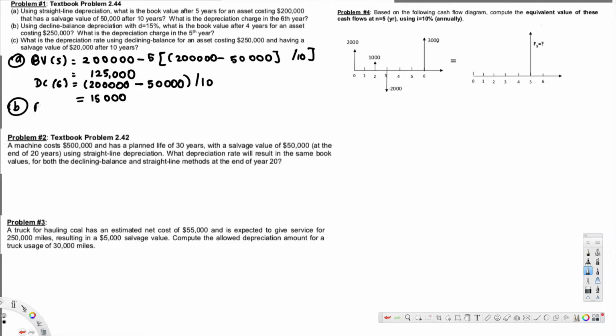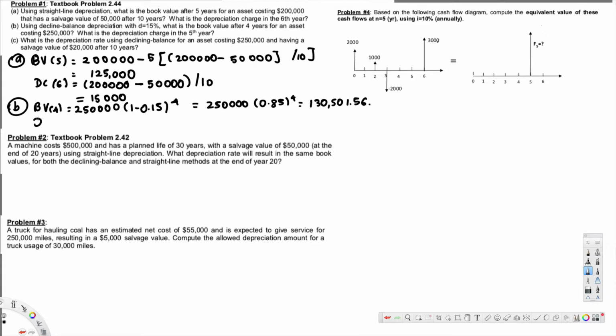Okay, BV4 for 250,000, 1 minus the depreciation percentage, which is 15%, so 0.15, power 4 years. That's equal to 250,000 times 0.85 power 4, and that gives us 130,501.56.